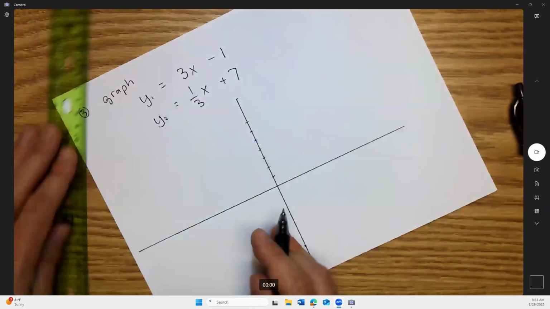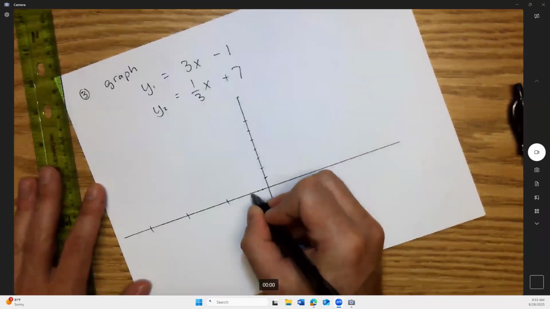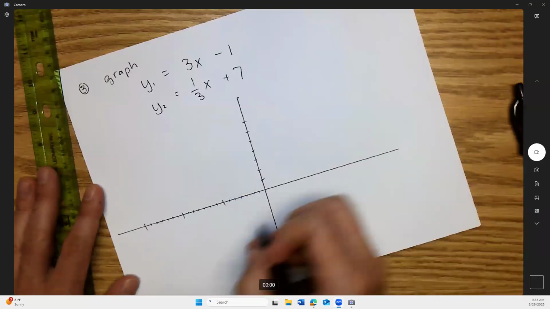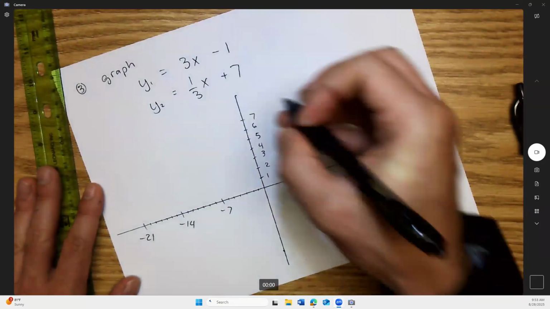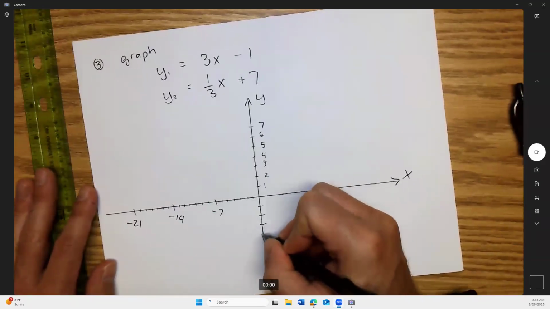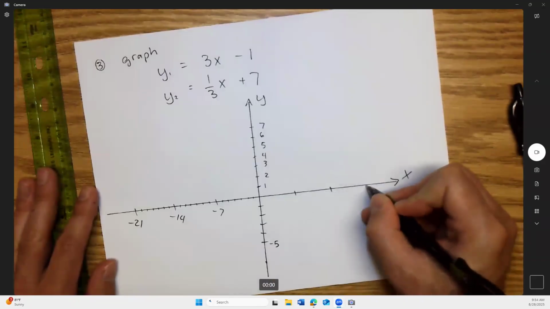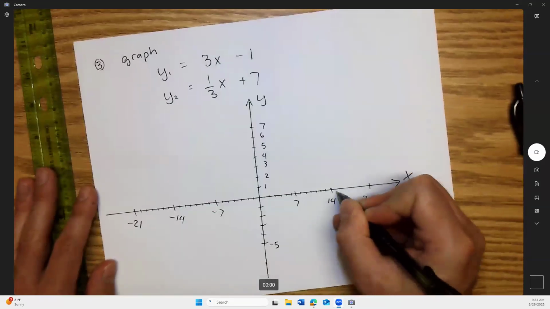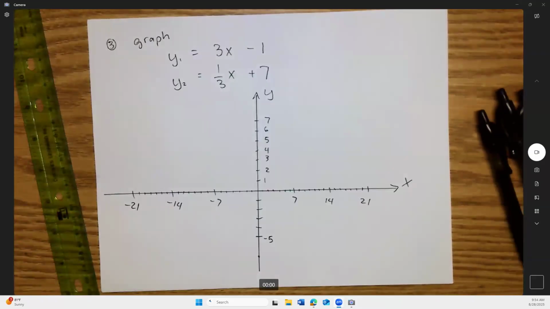It's a wacky looking graph. Right, so I have two equations.